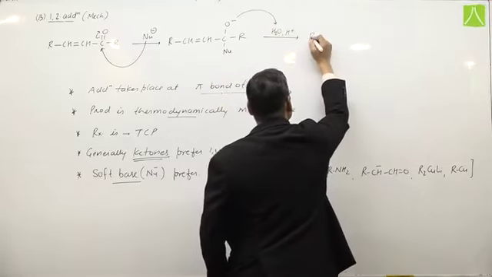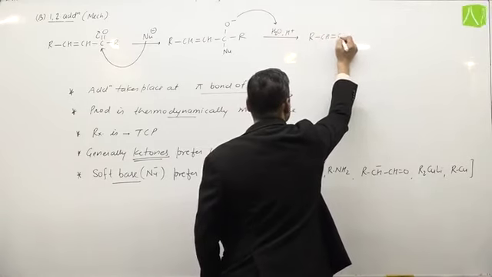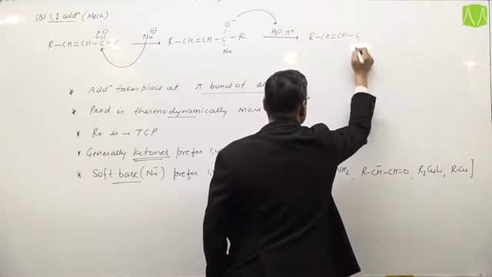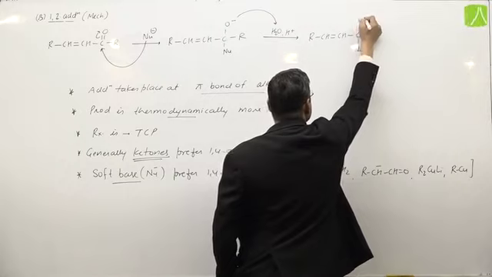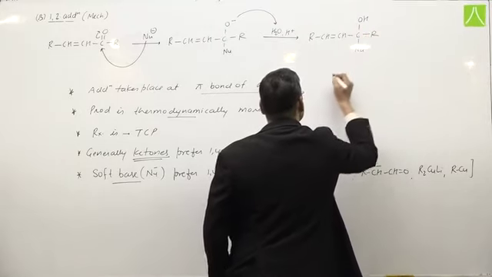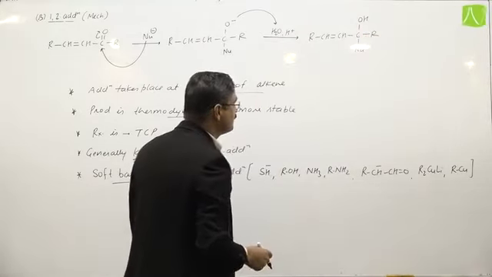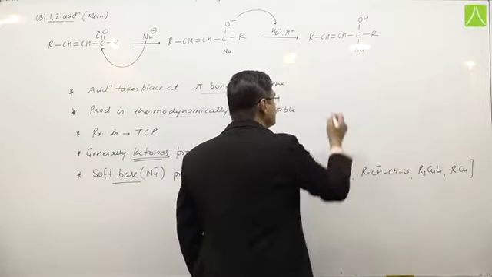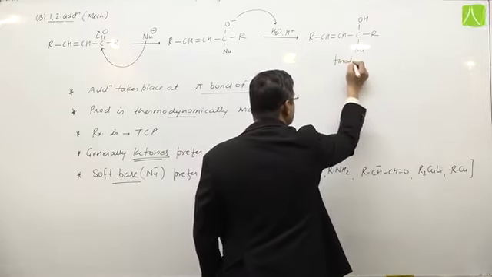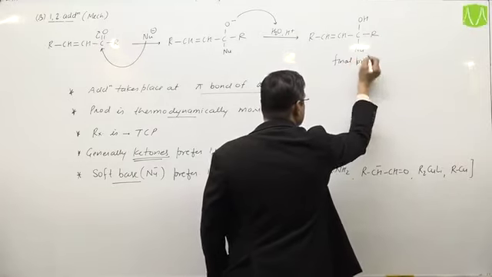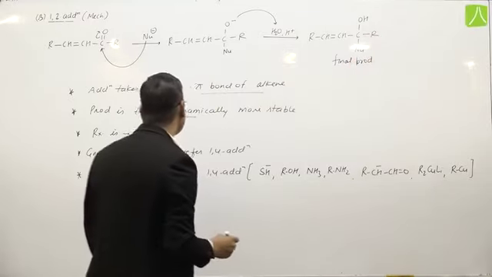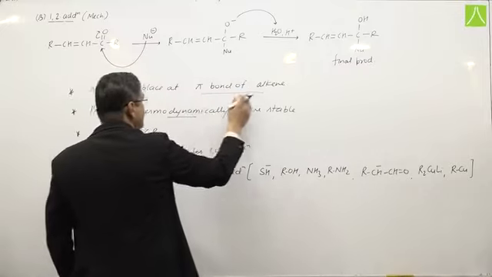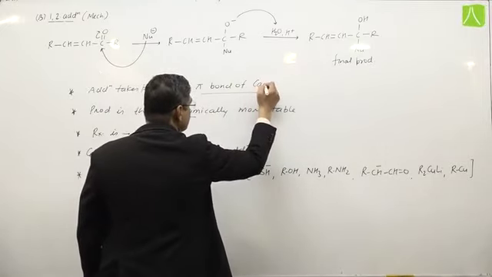Hydrogen goes to the oxygen atom. So you can see here addition takes place at the adjacent position, that is 1,2 addition. So this is the final product, there is no enol. So this is the final product of this reaction. This is thermodynamically less stable. So addition takes place at the pi bond of carbonyl.